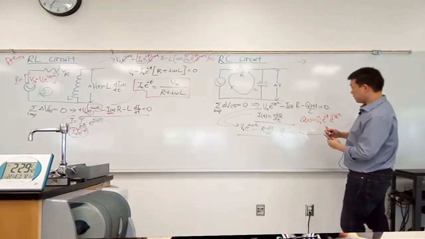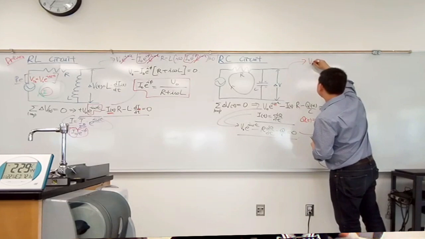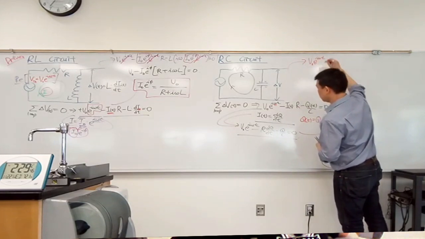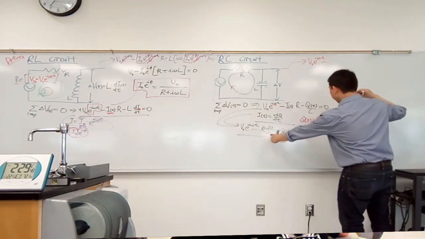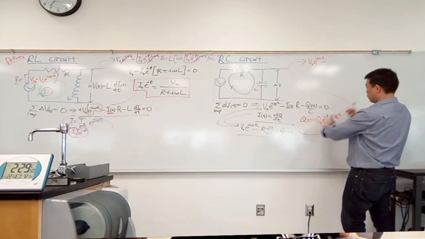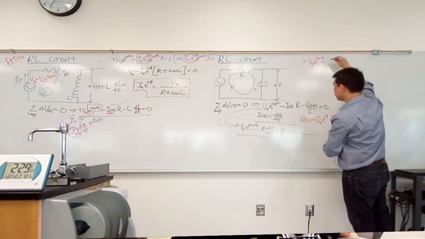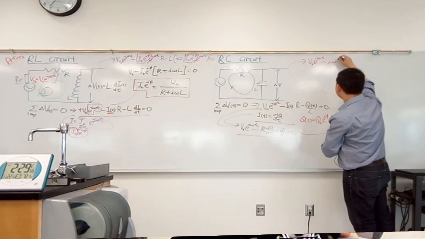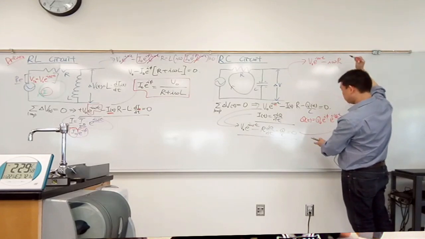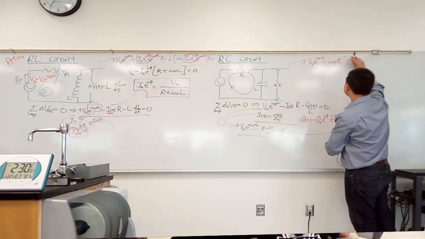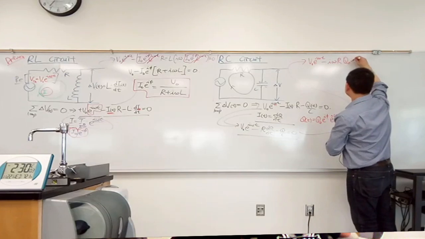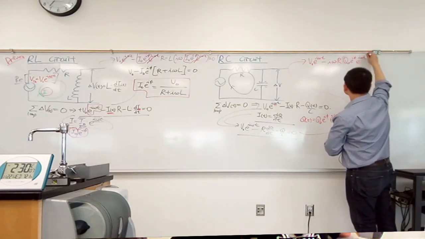You have V naught e to the i omega t minus R times this, the i omega comes down. So minus i omega R times Q naught e to the i phi e to the i omega t.